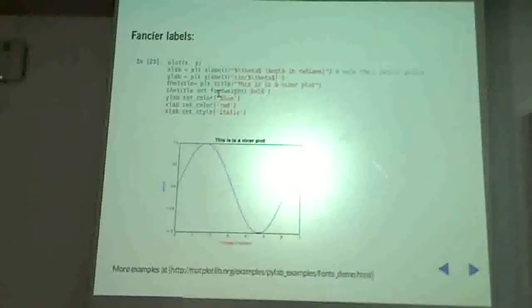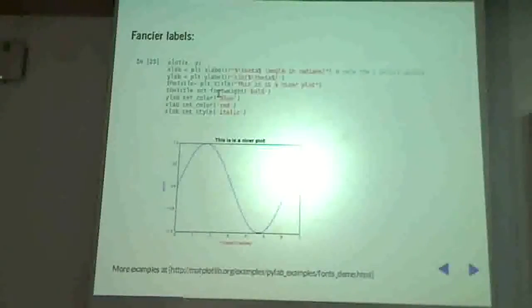In order to do that, it realizes that these $ signs indicate that there is some mathematical symbol inside. Standard LaTeX-like symbols work. So raised to something, everything is exactly the same as LaTeX. The dollar indicates that \theta should be interpreted in a mathematical sense.